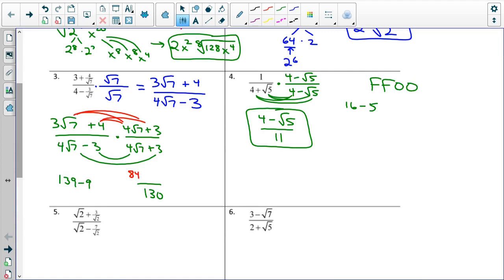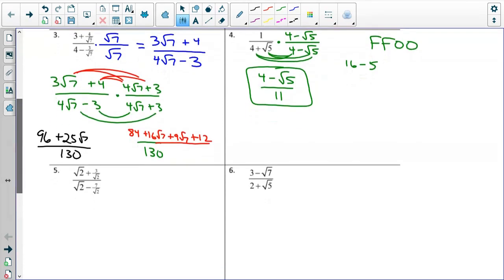And then I have plus 16 root 7 plus 9 root 7 plus 12. So my final answer for this problem, I'll write it down in the bottom corner, is going to be 96 plus 25 root 7 all over 130. And there's nothing that divides all of those numbers.